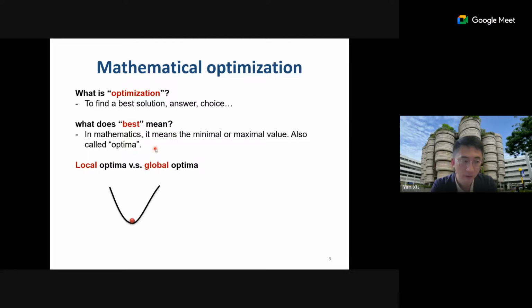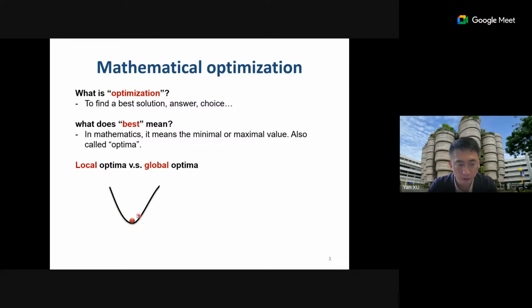Now, let me quickly show a case to help you understand the difference between local optima and global optima. Suppose we have a quadratic function and our objective is to find the minimum value of this quadratic function.